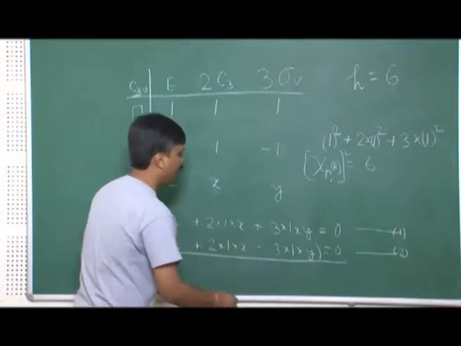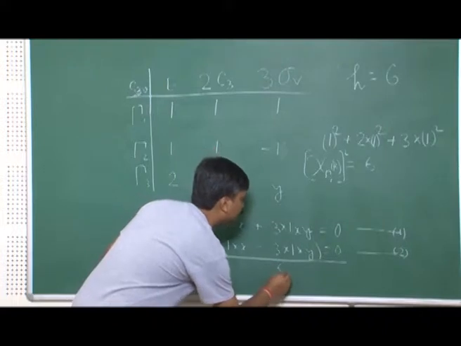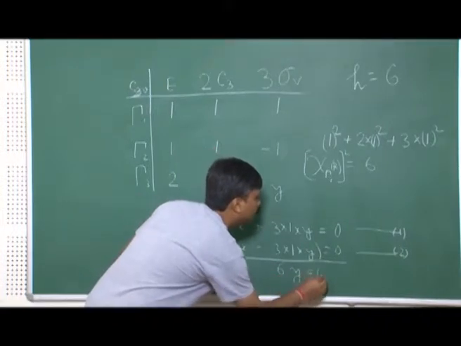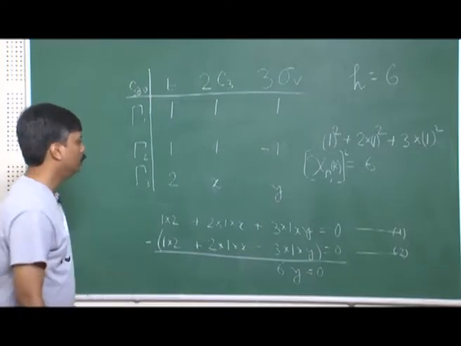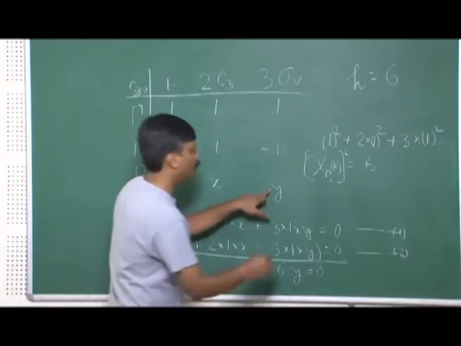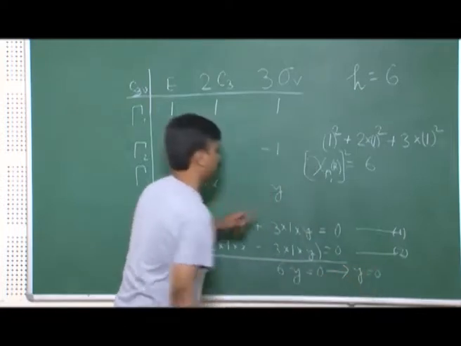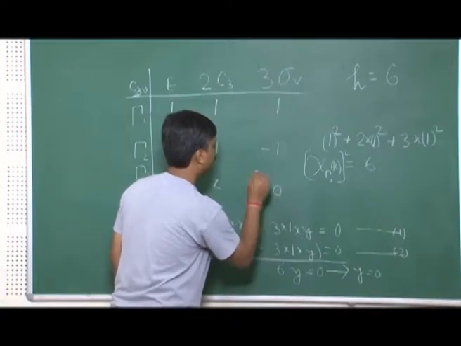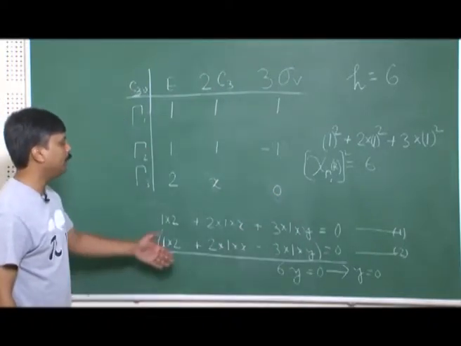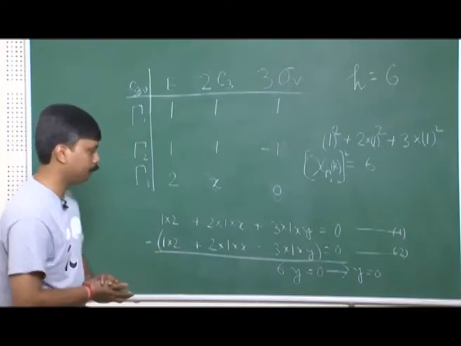So here I have 6y equals 0. Okay. So here I get y equals 0. So let me write this here. Now I can again add these two and then get the value of x.